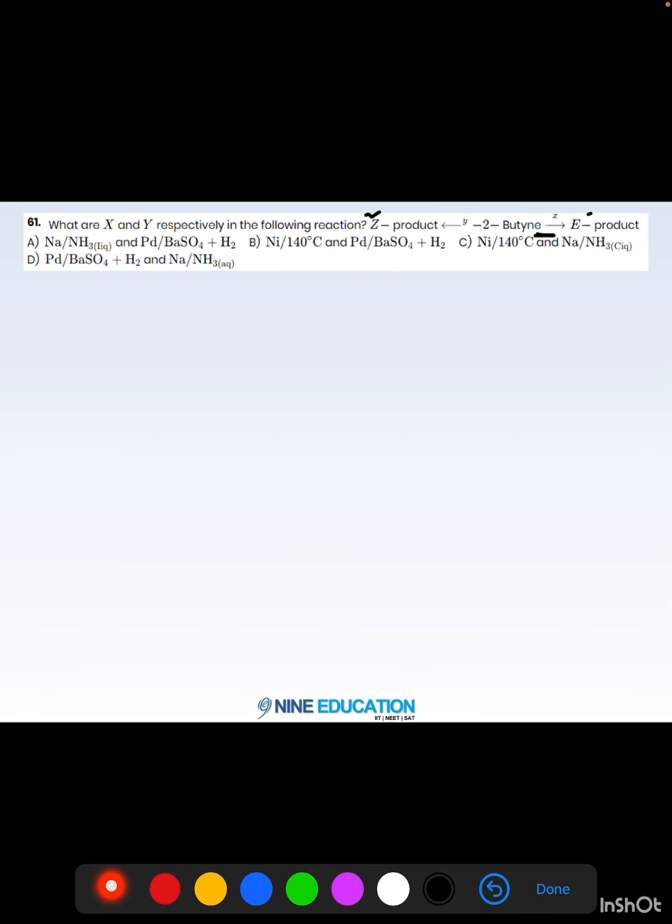Okay, so 2-butyne is an alkyne. Okay, so you'll be having CH3 C≡C CH3. This is your 2-butyne, and you will be reacting it with 2 reagents. It should be giving us the E product in one case, and the Z product in the other.